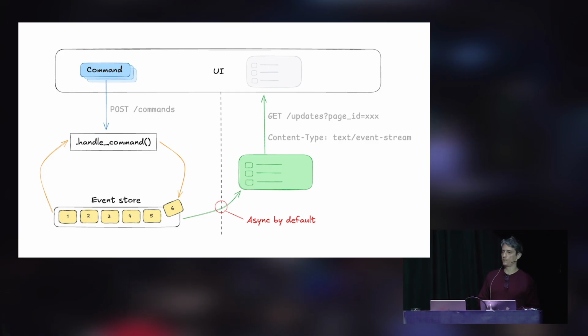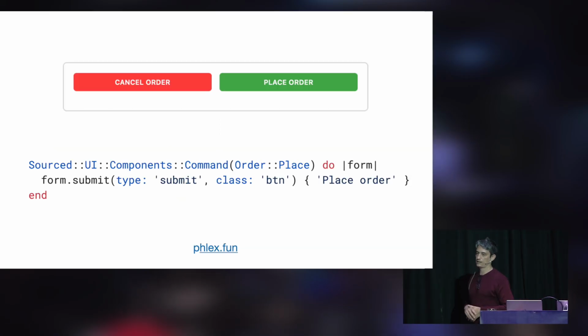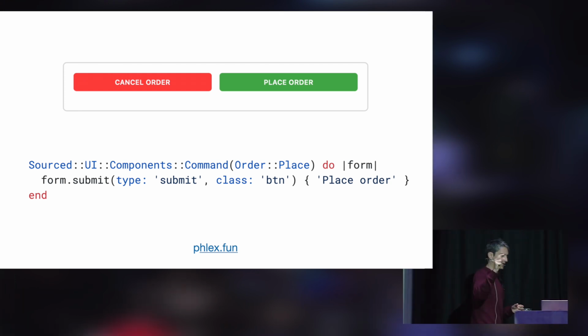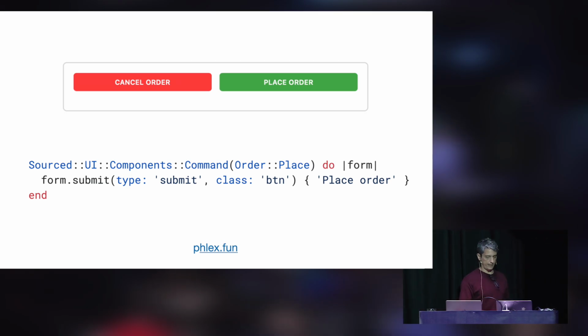So for example, I have one of those buttons there, and I'm using Flex, which is a really great library for doing HTML components. But this could be ERB, it doesn't really matter. I have these command components that you give one of your command structs, and it knows how to build a form for it. So this is for placing the order. I click that, and it will send an AJAX request to the backend.